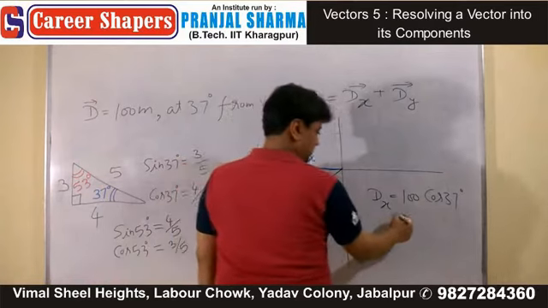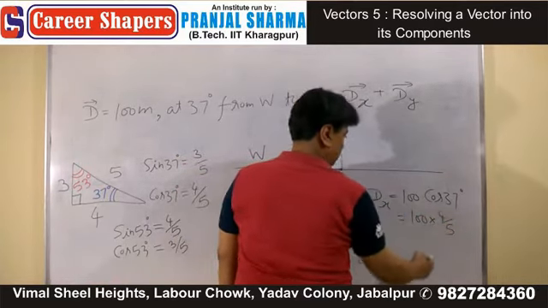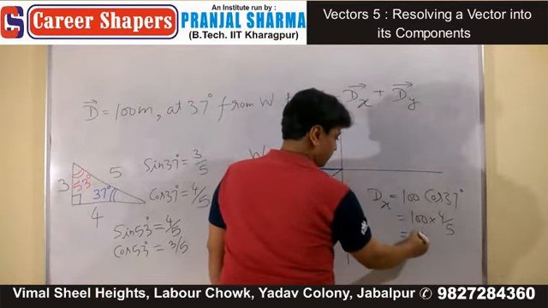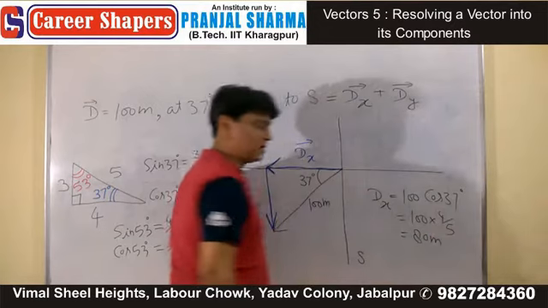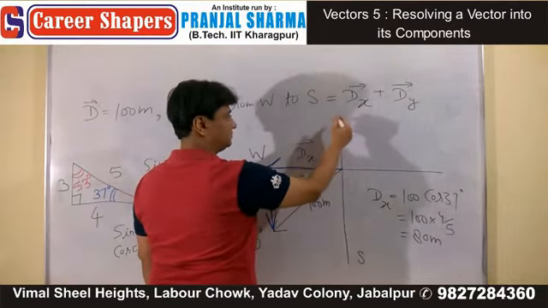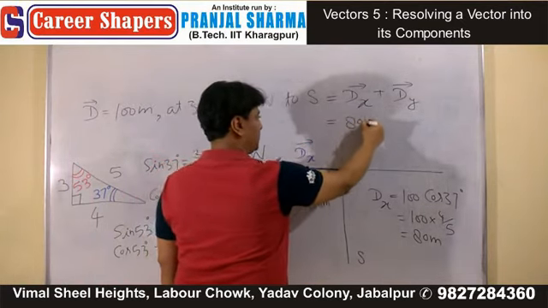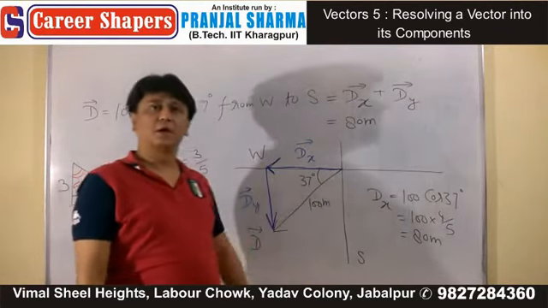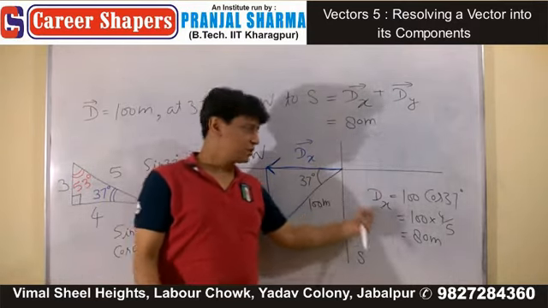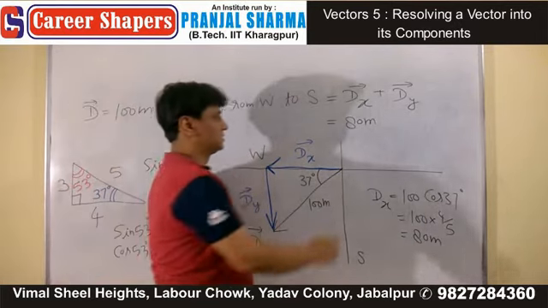What is cos 37? 4 by 5, which becomes 80 meters. This dx is 80 meters. What is the direction? West.